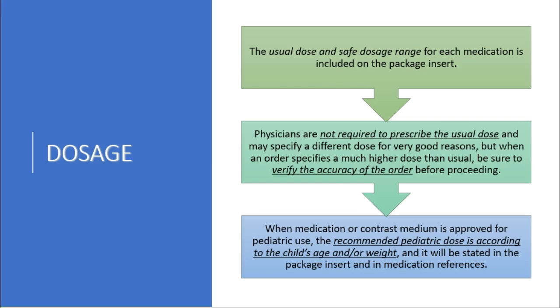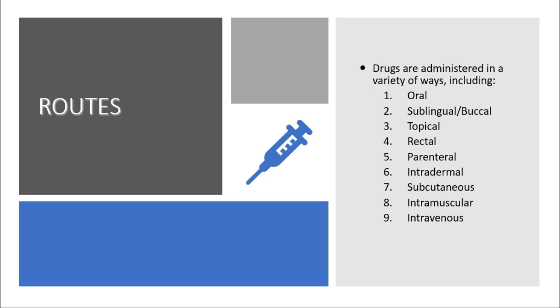Physicians are not required to prescribe the usual dose and may specify a different dose for very good reasons. But when an order specifies a much higher dose than normal, be sure to verify the accuracy of the order. When medications or contrast medium is approved for pediatric use, the recommended pediatric dose is according to the child's age and/or weight and will be stated in the package insert. So on kids, I will look that up.